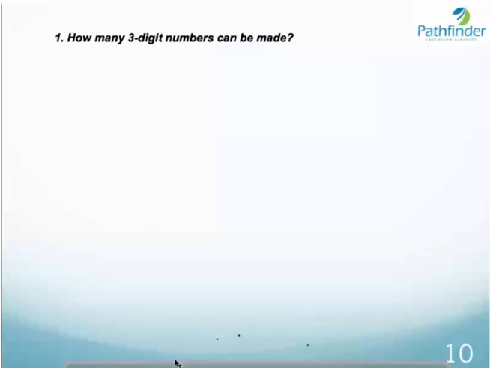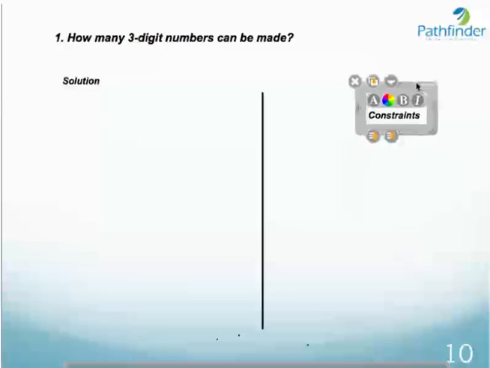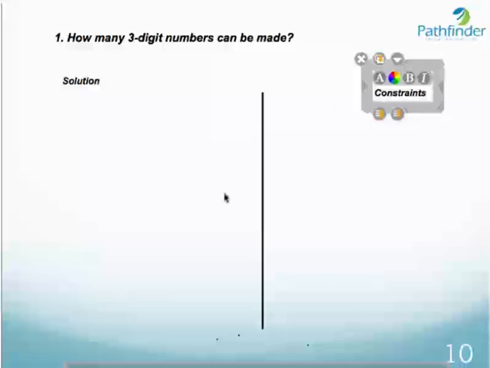Let us try to solve this question. In order to solve, let us first of all take a look at what are the constraints in this question. So towards the right of this partition that I have drawn, we will list out all the constraints, and on the left we will try to solve the given question.